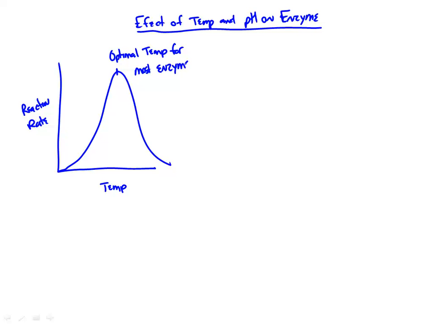And that optimal temperature varies depending upon what type of enzyme it is. For most enzymes in the human body, it's 37 degrees Celsius. But for instance, if you go and you look at, say, thermophiles that live in high temperature ocean vents, then their enzymes tend to function most efficiently at higher temperatures.